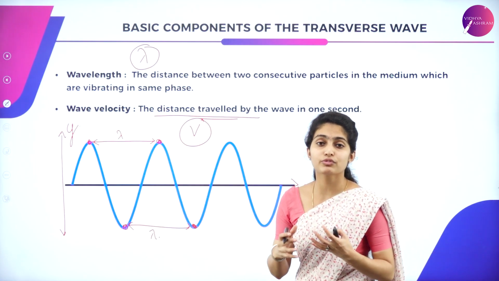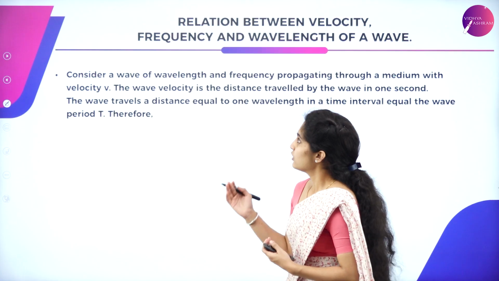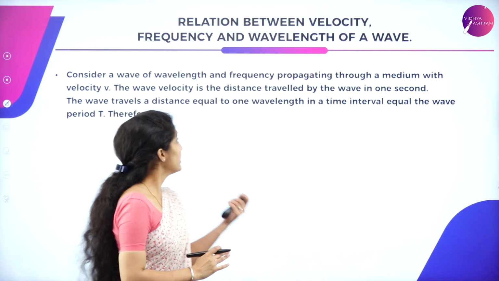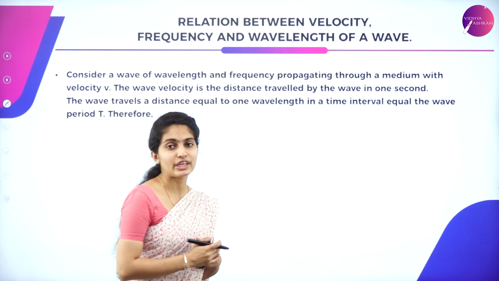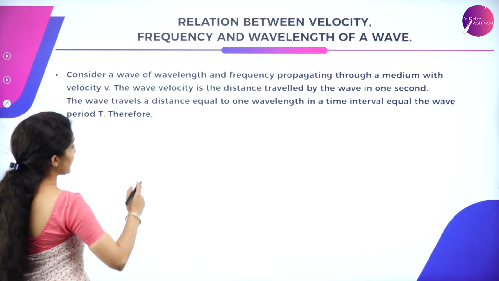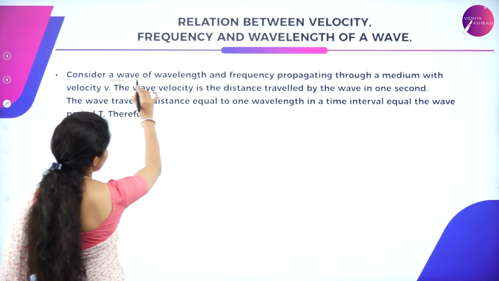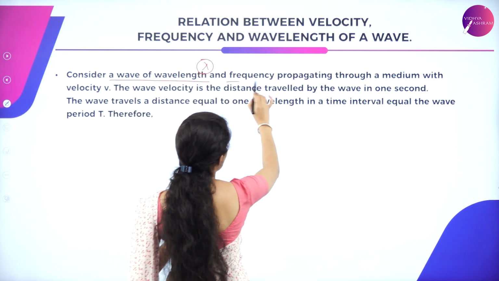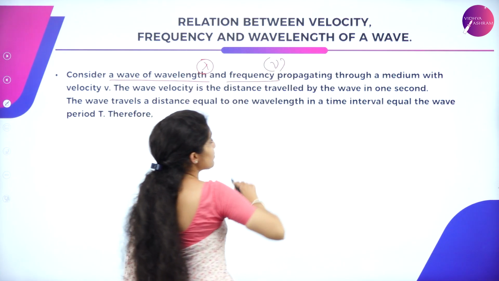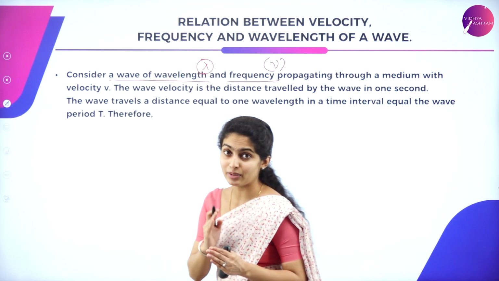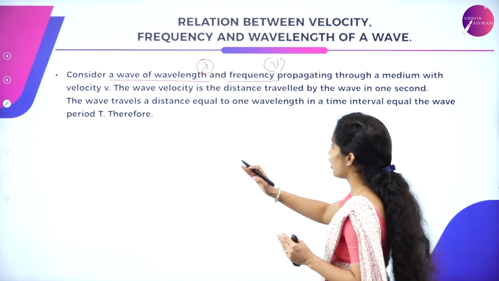These are the basic concepts, the parts of waves for us to study. Having these concepts, let us study the relation between wave velocity, wave frequency and wavelength. Consider a wave of wavelength lambda and frequency nu, propagating through a medium with velocity v.